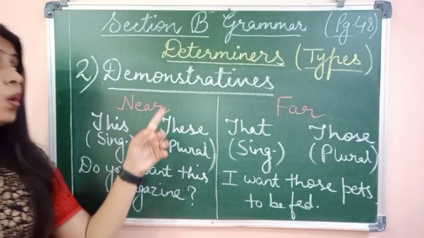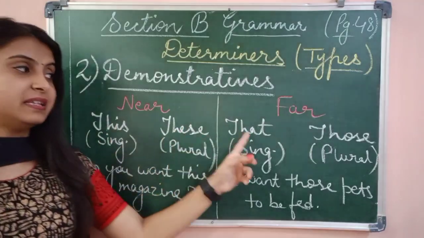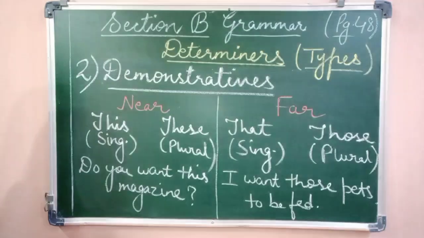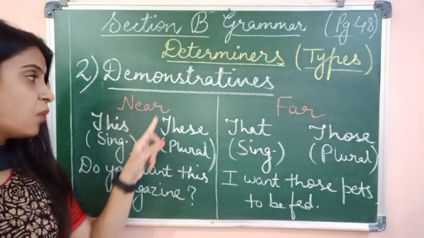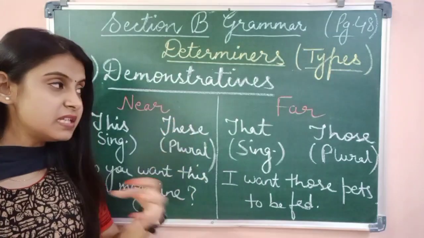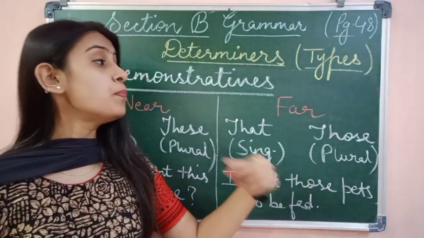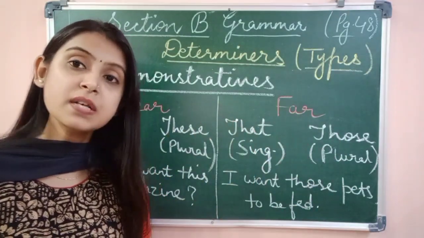There are four demonstratives that we generally use: this, these, that, and those. This and these are used before nouns that are near the speaker, and that and those are used to point at nouns that are far away from the speaker.